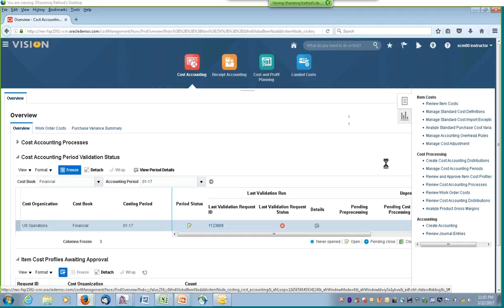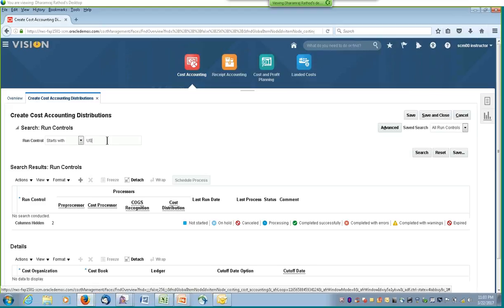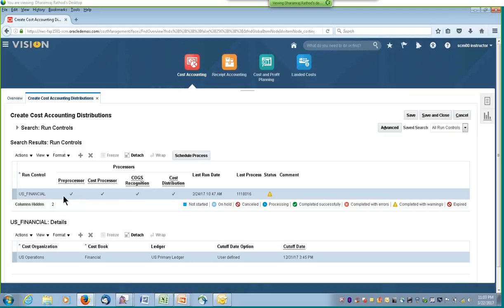So from the create cost accounting distribution standpoint, it is the run control. You go look at this run control and then run it. There are various stages here. The preprocessor picks the transaction, and then based on the attribute, it will identify the valuation unit, cost methods, and so on.